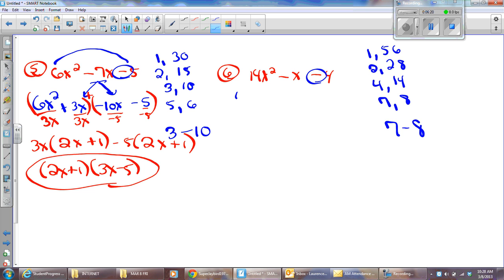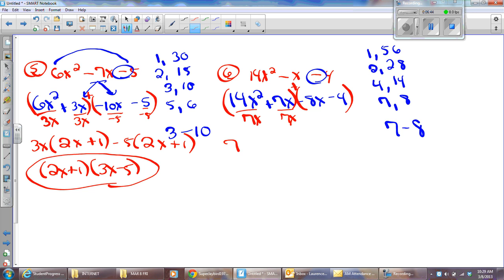So I rewrite this as 14x squared, and I think I'm going to put the 7 with it, plus 7x minus 8x minus 4. I'm going to do my grouping thing. Grab that sign. And I am going to GCF a 7x out.